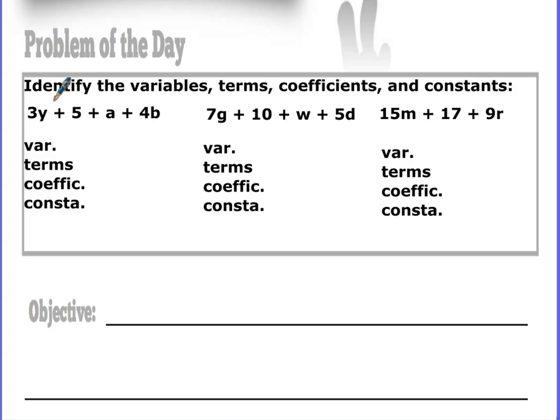I want you to write down these 3 expressions, and then you're going to write these elements that you're going to be looking for under each one. So you're going to set up your paper so it looks just like this part here.